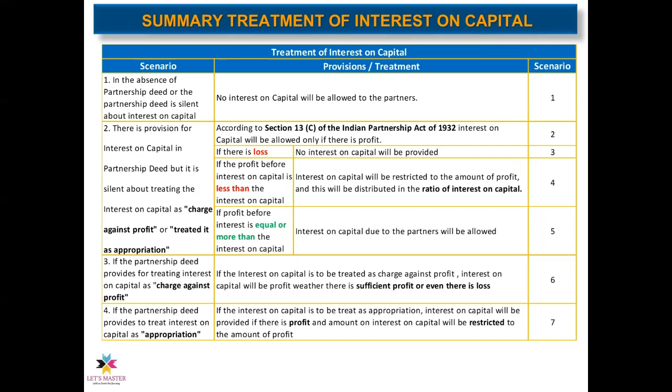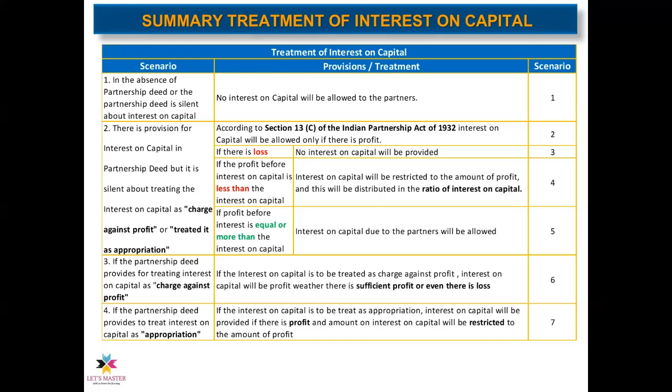That means the deed says that yes, we will provide interest on capital to the partners at the rate of, say, 12%, but it has not made it explicitly clear whether the interest would be treated as a charge against profit or as an appropriation.